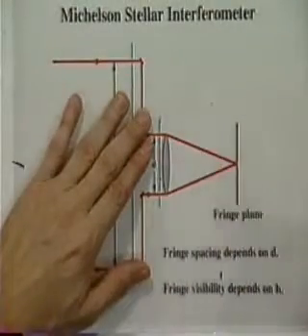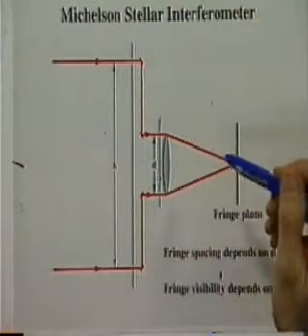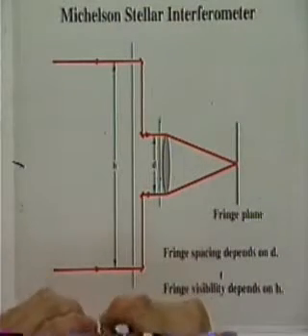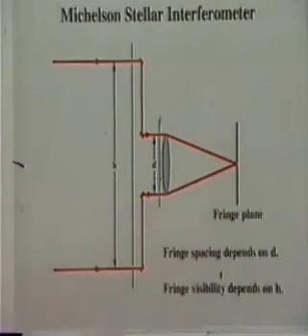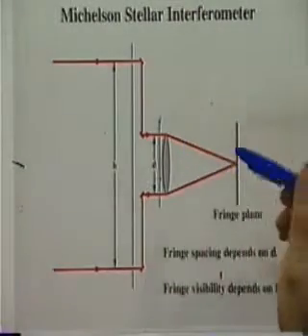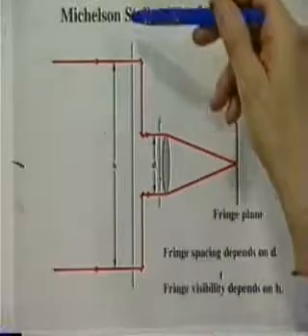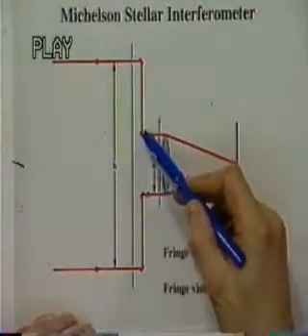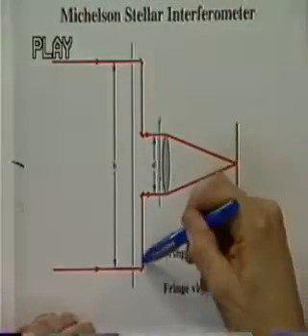Here's his telescope. Okay? And Michelson wanted to measure binary stars that were much closer together than what the telescope would resolve. So he extended this. In front of the telescope he put a couple of slits, and then a couple of mirrors here, and a couple of mirrors out here.